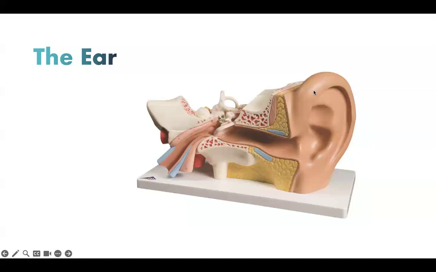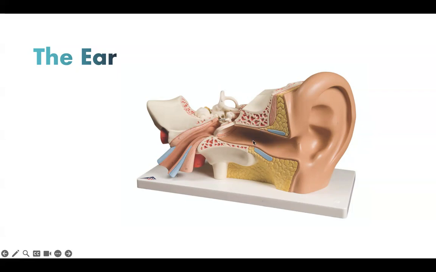The external ear is the pinna, the auricle, and the external auditory canal. The pinna and the auricle are the same name for this external part of the ear that can be seen from the head. And this is the external auditory canal.